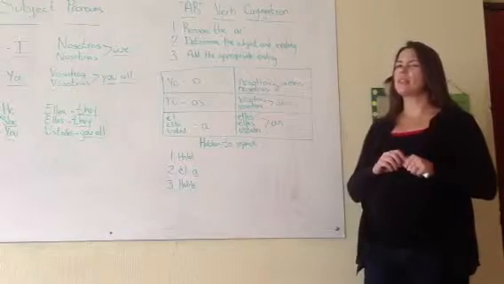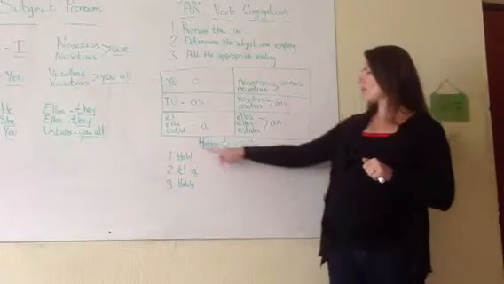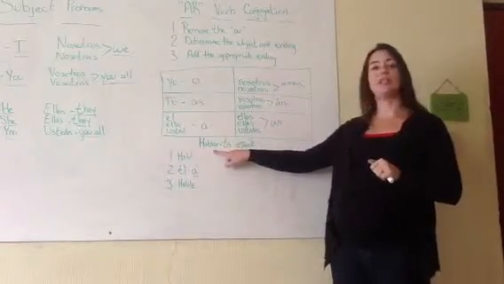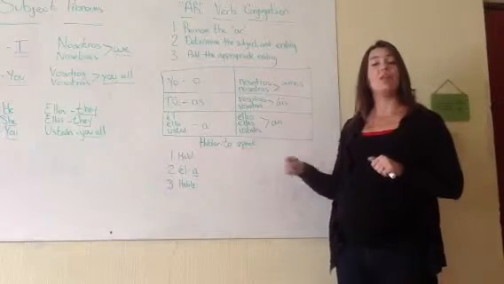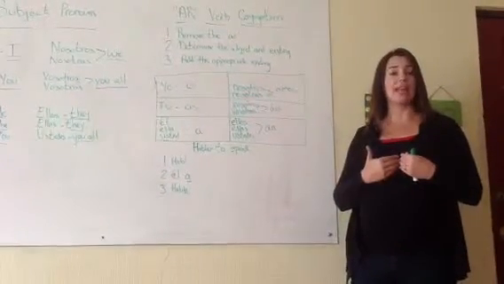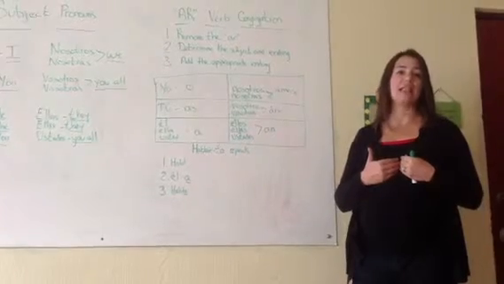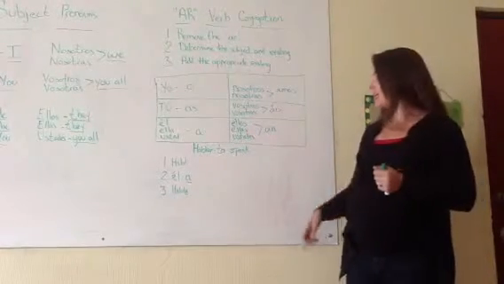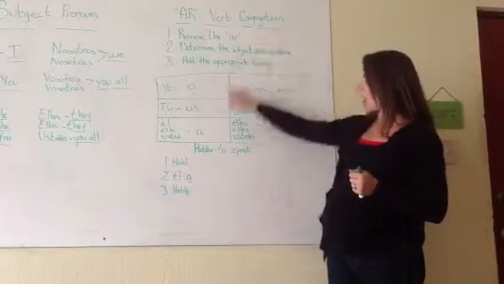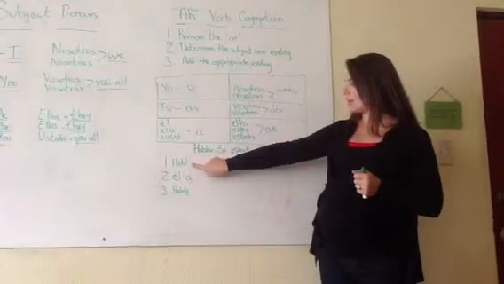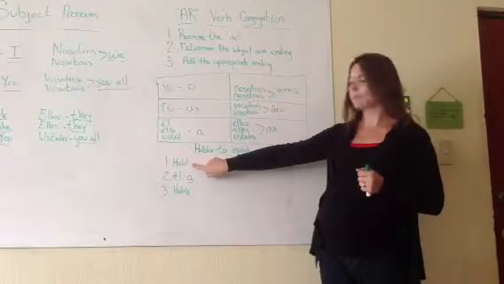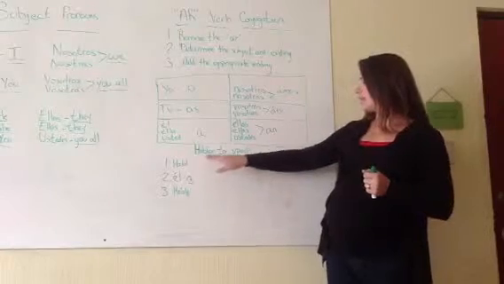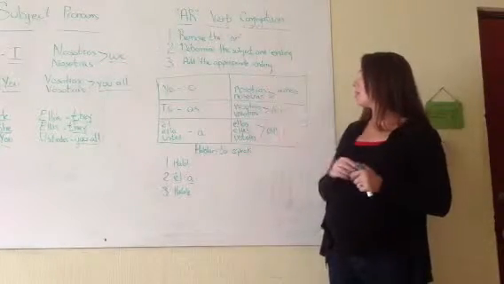Now let's practice so you can see what I mean. If you have a verb such as hablar, which means to speak, and you want to say I speak, for example, you might want to say I speak Spanish. Step 1 is to remove the AR, which we've done, which leaves us with habl. The second is to determine the subject and the ending.